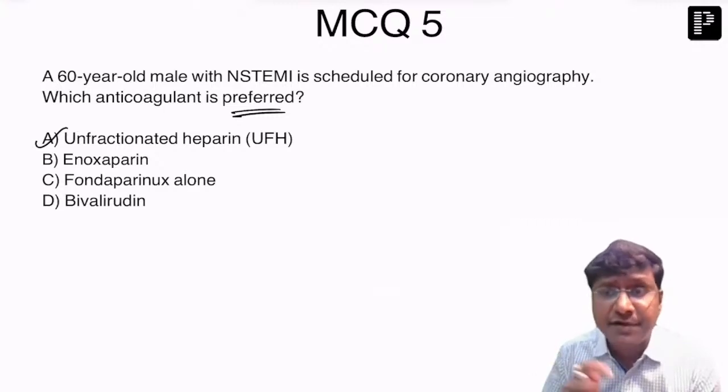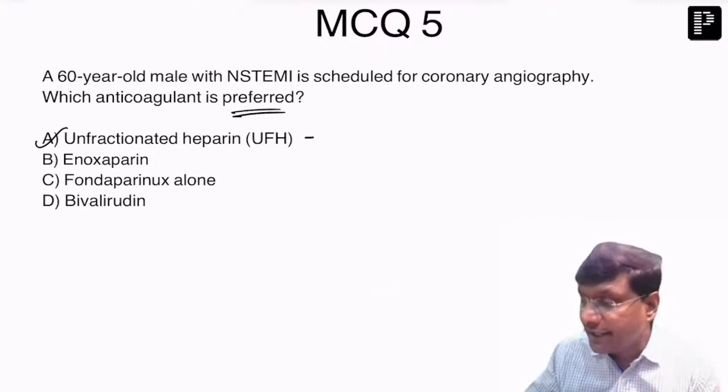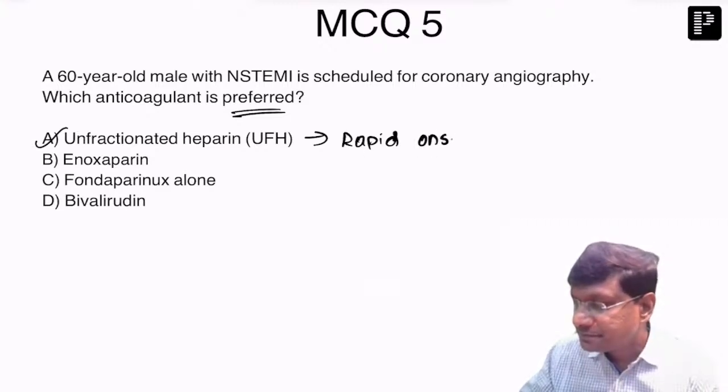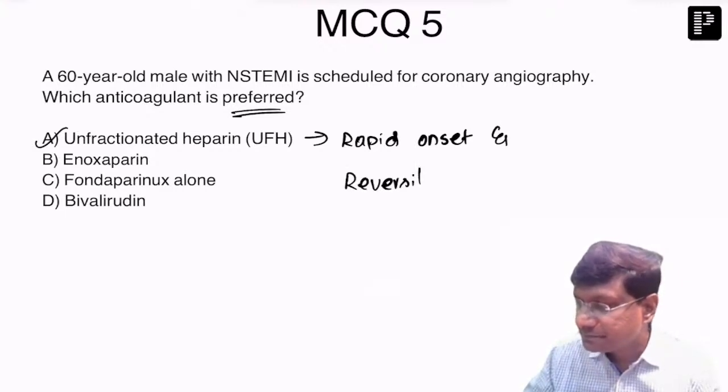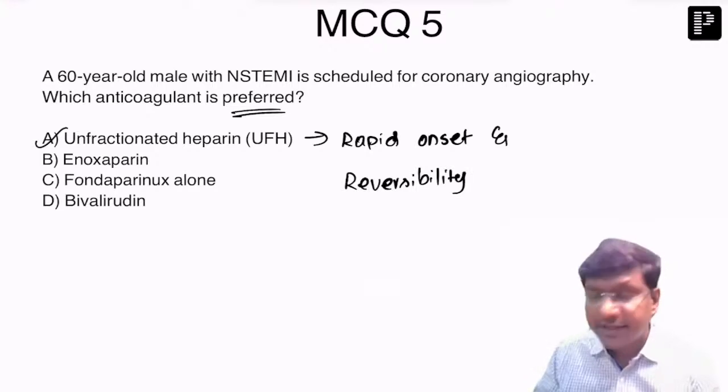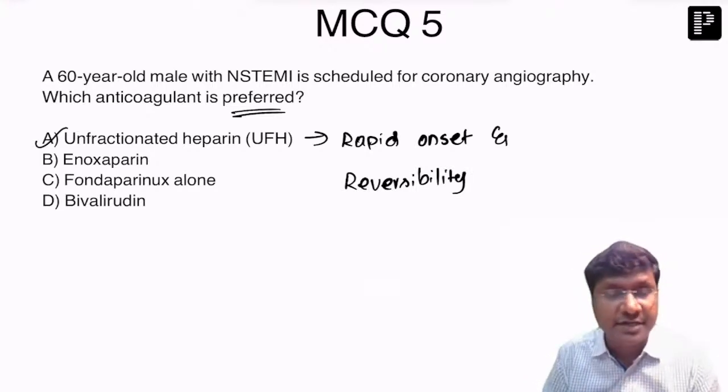Unfractionated heparin is the preferred anticoagulant in PCI. Why? Because it has a rapid onset of action, and at the same time, it also has reversibility.